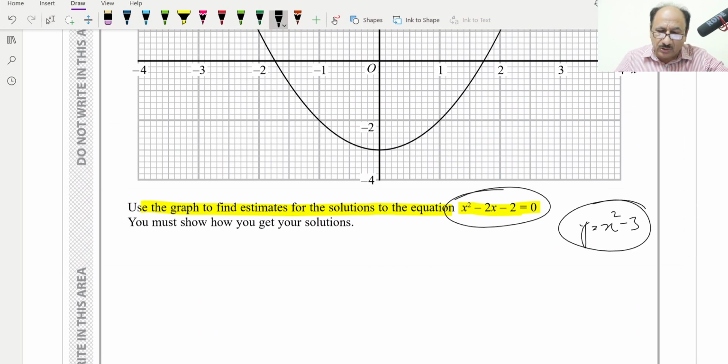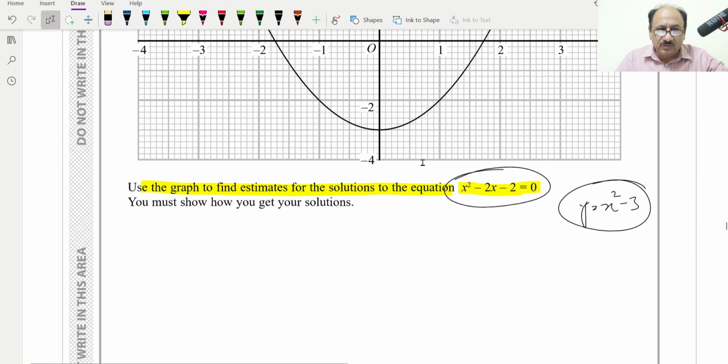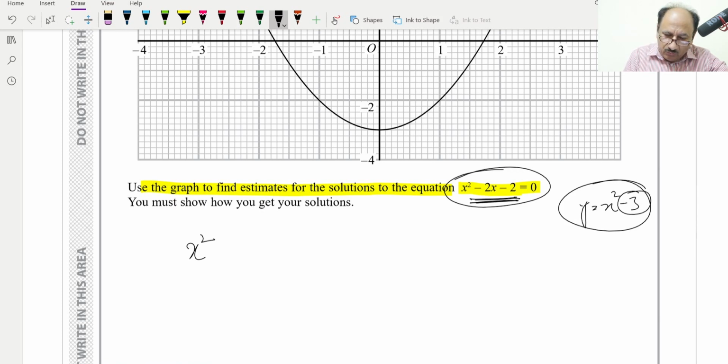This is the given equation, which we will change in shape. We write x squared, and we require minus 3, but there is no minus 3 in this equation, so we write minus 3 and we also write plus 3. It makes no difference if you add and subtract the same thing.